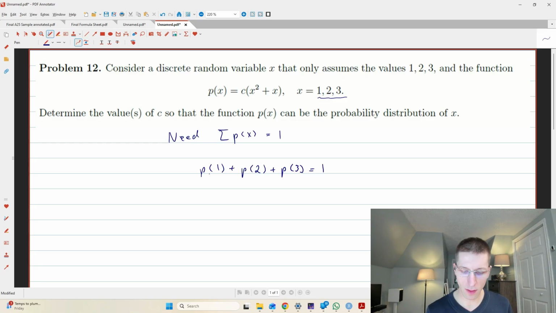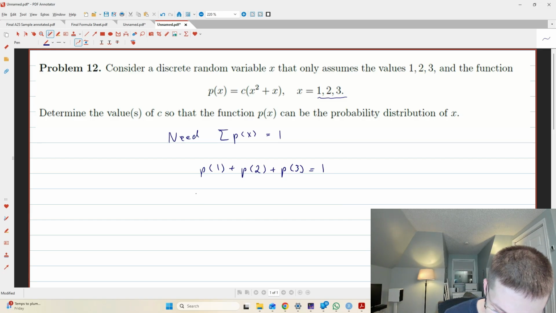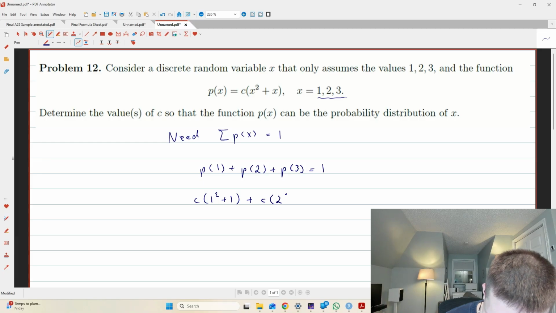And those are the only values that x can assume, so that keeps it pretty simple. And then in terms of the formula, that means that c times (1 squared plus 1) plus c times (2 squared plus 2) plus c times (3 squared plus 3) equals 1.